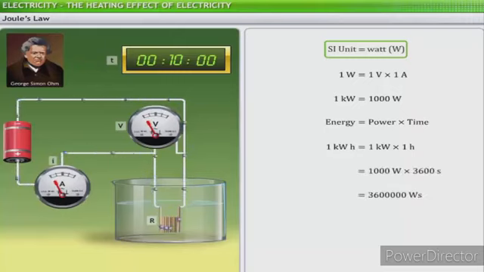Simplifying the expression, 1 kilowatt-hour is equal to 3.6 into 10 power 6 watt-seconds, as 1 joule equals 1 watt-second. 1 kilowatt-hour equals 3.6 into 10 power 6 joule.